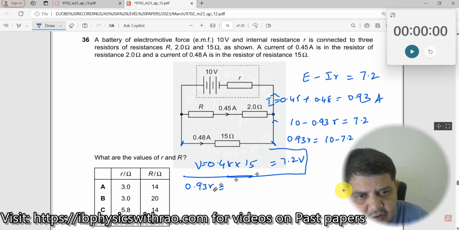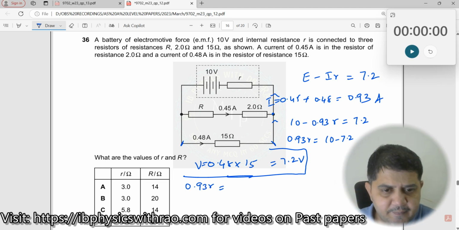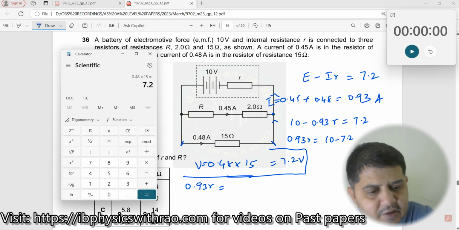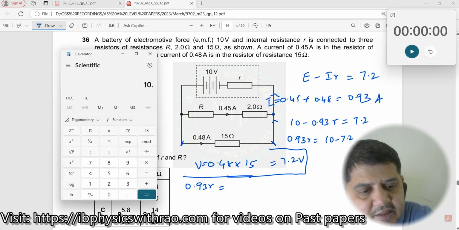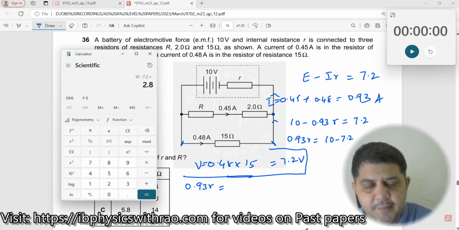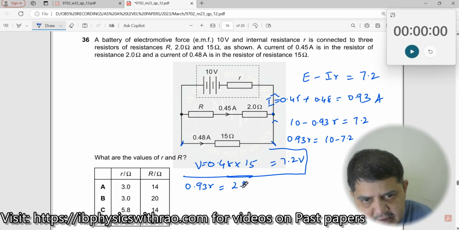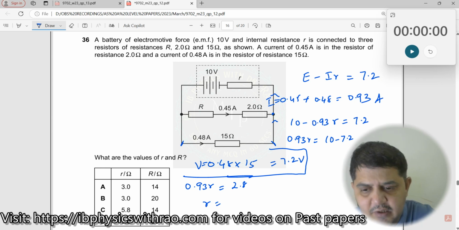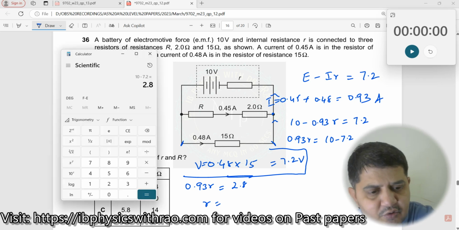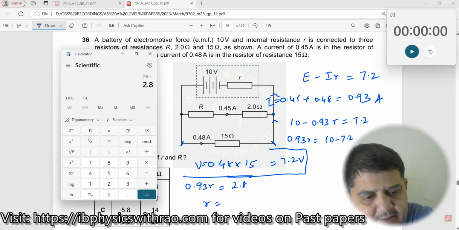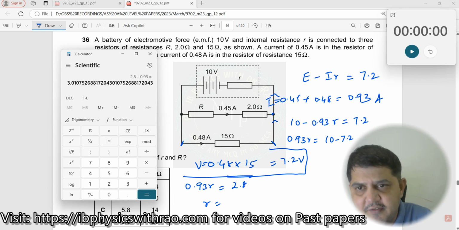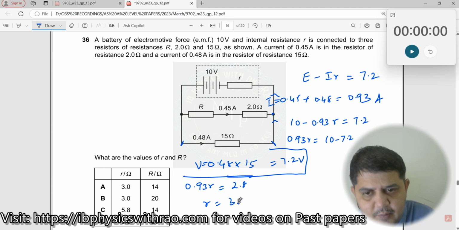What is 10 minus 7.2? See, we are all dependent on this calculator. 10 minus 7.2 will be 2.8. The value of r is 2.8 divided by 0.93, which would be 3.01, which is 3 ohms.